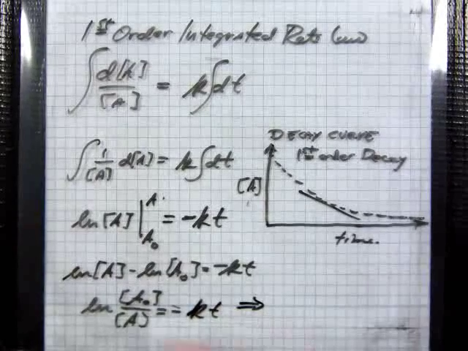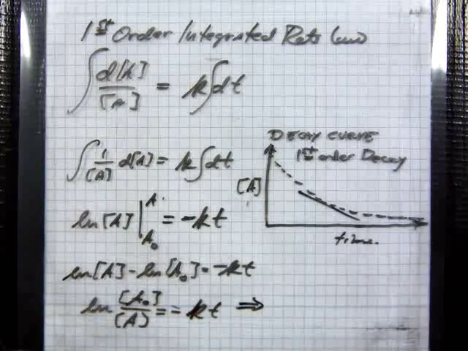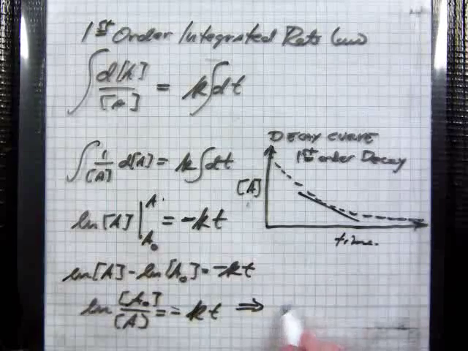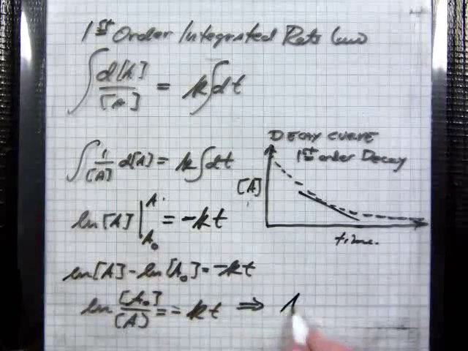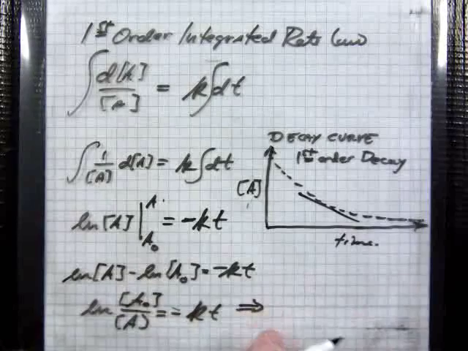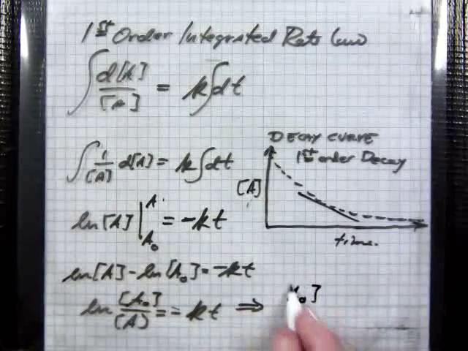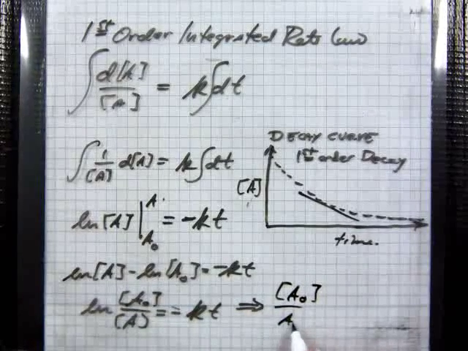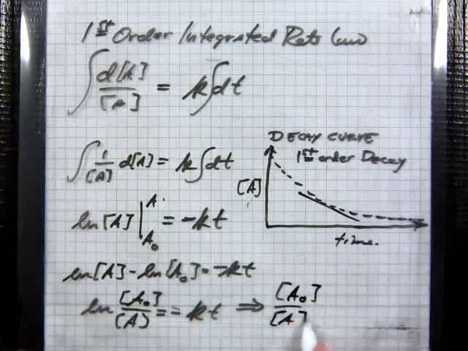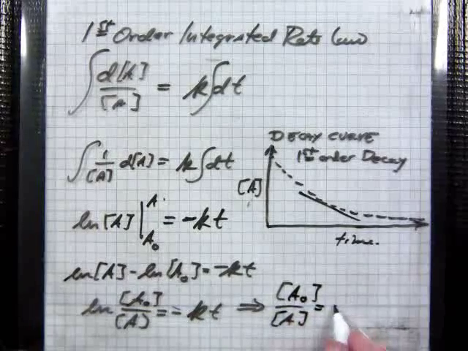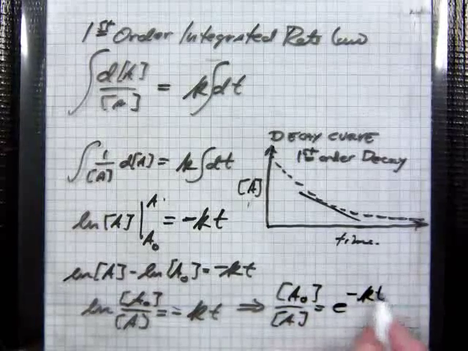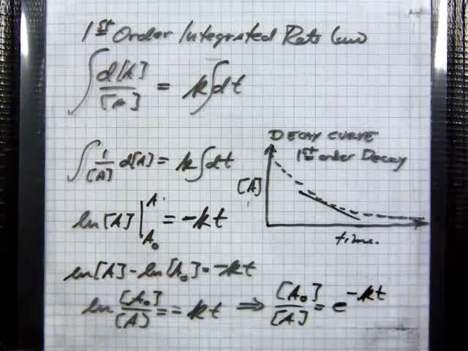And this relationship, being a natural log ratio, becomes A over A naught equal to e to the minus kt. So that's a base natural logarithm.